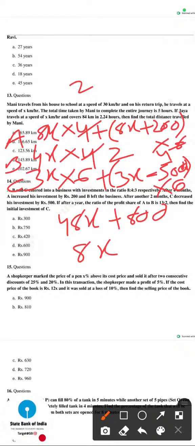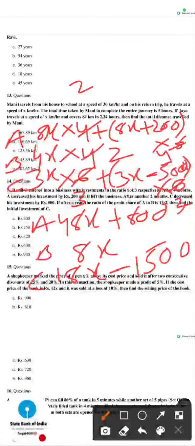Then 3 2 times and 2 3 times, so we have 3 3 times 9x plus 9x, which will be 18x. 18x minus 1000, 18x minus 3 5 times, which will be minus 1500. So this is what we have for A, B and C.